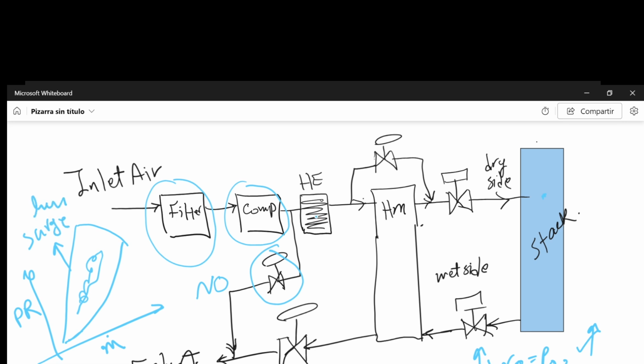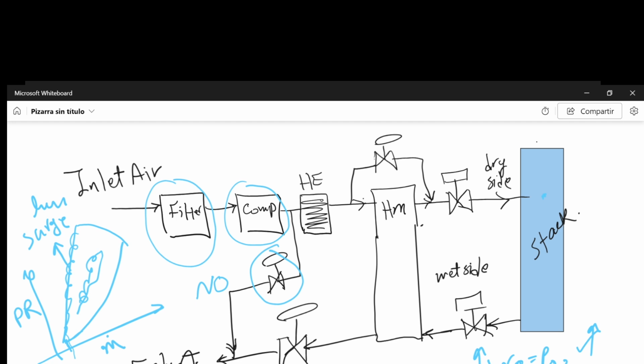At low load we need a small flow. In this case, the operating point of the compressor moves toward the surge line, and we have to prevent the compressor from working close to this line. So at low load we try to maintain the compressor at higher speed.